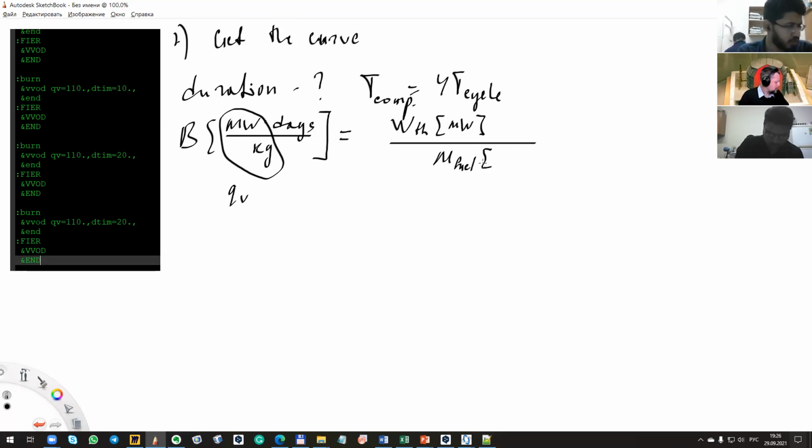Just a moment. It's in kilograms. Maybe 70 tons. It's the total mass of fuel, not the fuel assembly but the total mass.